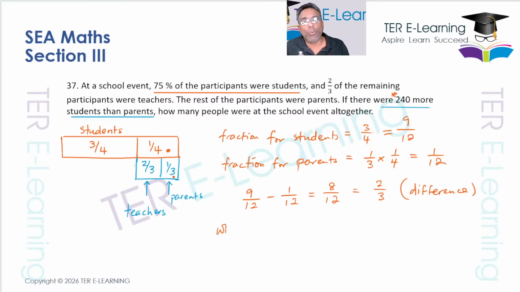So if you want to get the whole, the beginning number of participants, we need to invert that fraction of 2/3 and multiply it by 240. That will give us our answer. This 2 can go into 12 six times, and 120 by 3, 12 3s are 36. So at this event, we had 360 participants.